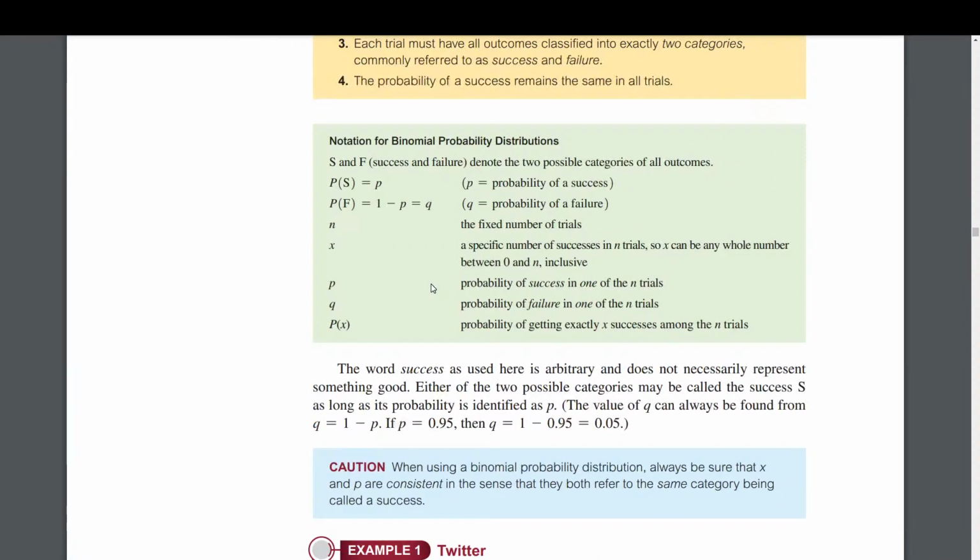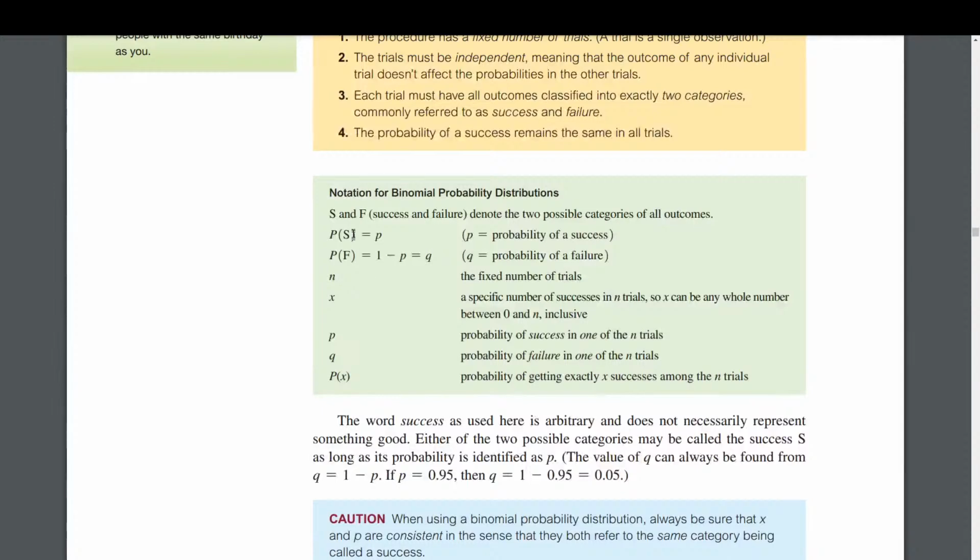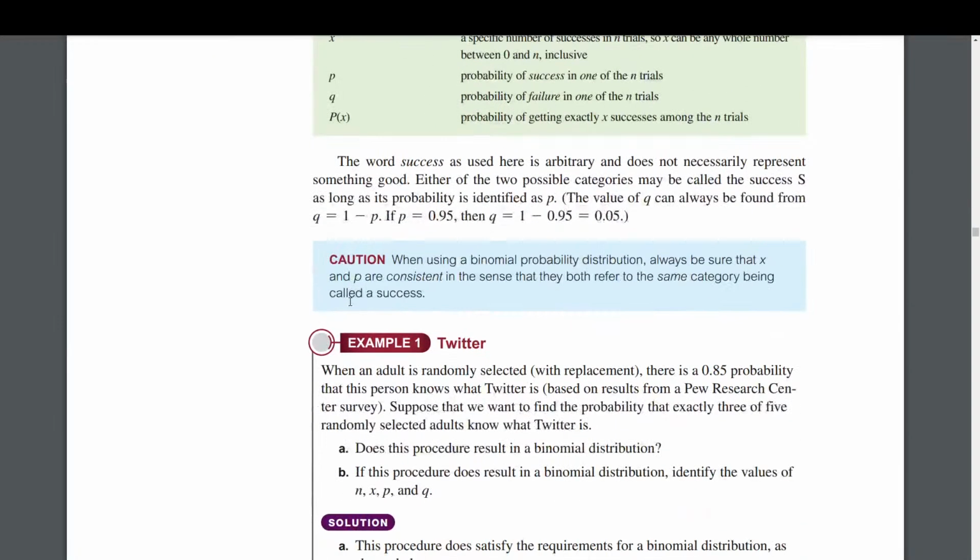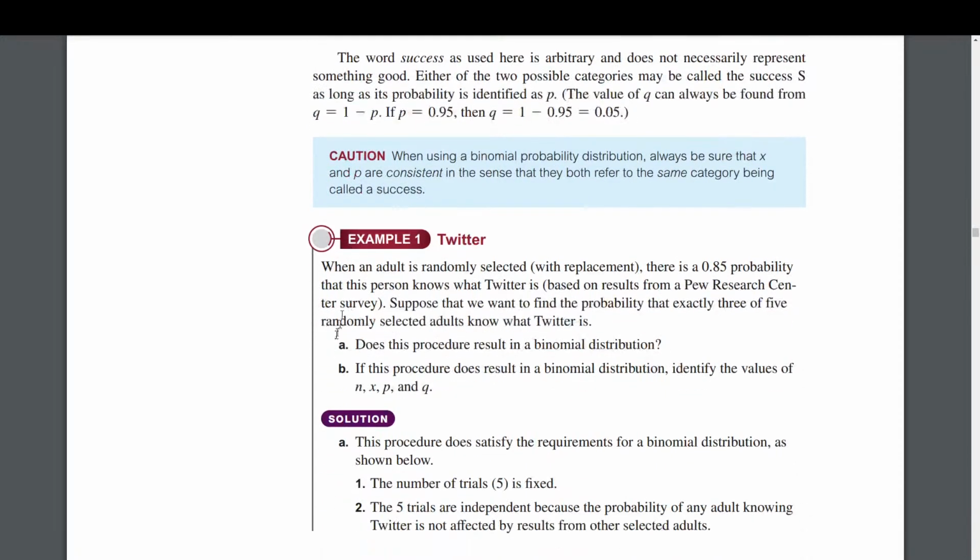Here's some more of the mechanics of how you would use this. And here's a question. It says, when an adult is randomly selected, there is an 85% probability that this person knows what Twitter is.